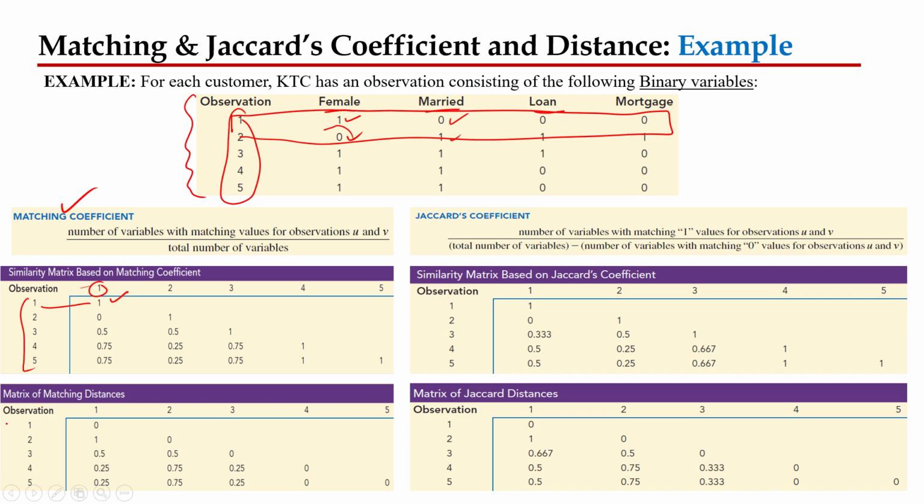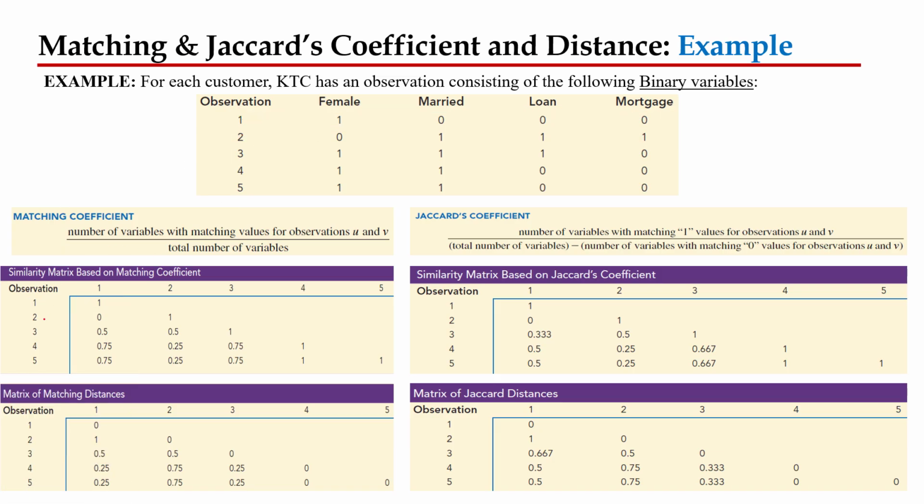Now let's find the value for the second observation against the first. 0 and 1 are not the same, 0 and 1 not the same, 0 and 1 not the same, 0 and 1 not the same. So the numerator is 0 divided by the number of variables, which is 4. That's why we are getting 0 over here.